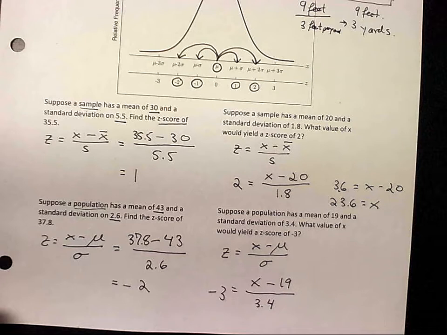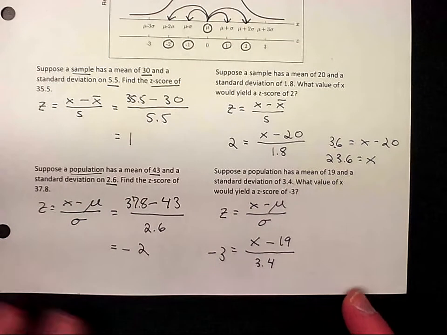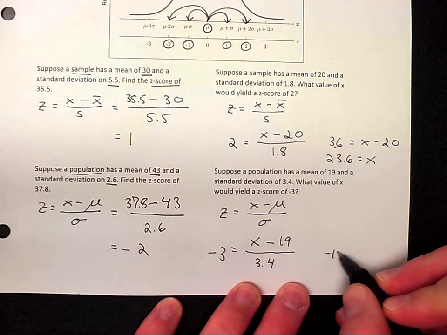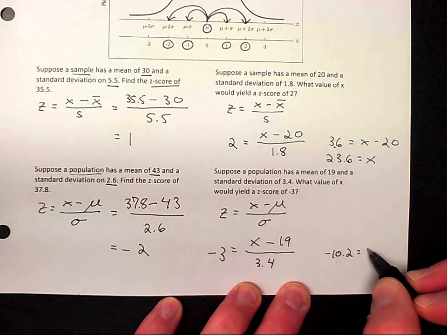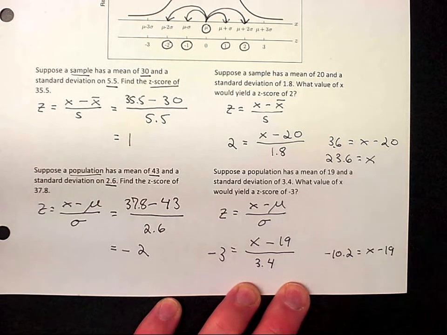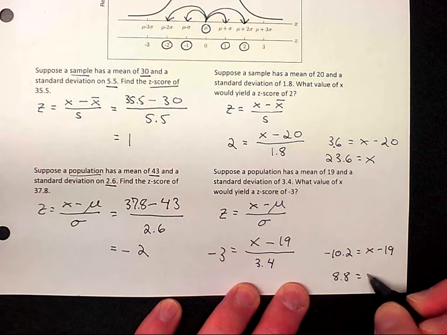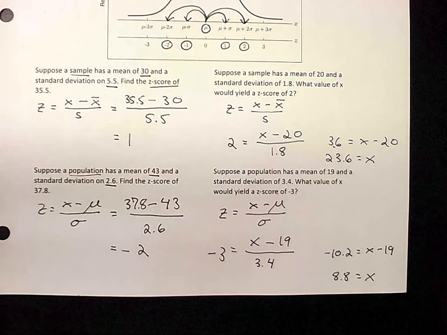Everybody good with this setup? All right, then if we multiply both sides by 3.4, we get negative 10.2 is equal to x minus 19. Adding 19 to both sides, we get 8.8 is equal to x. Any questions whatsoever about this last example?